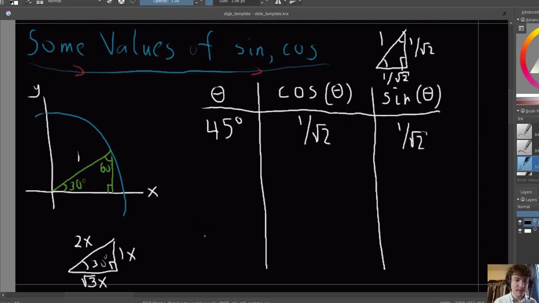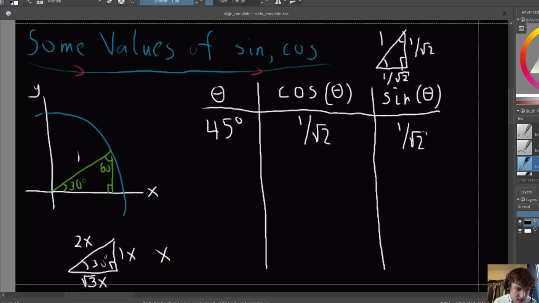Everything is copacetic. So now we need to find what are the two lengths of the legs of our 30, 60, 90 triangle up here. We just need to find what value of x makes this triangle the same as this similar triangle. Here the hypotenuse has length 2x. We want to match that to a hypotenuse which has length 1, which means we need x equals 1/2.